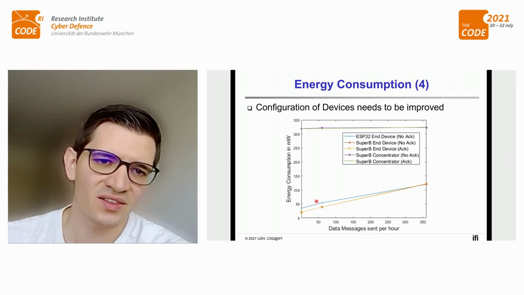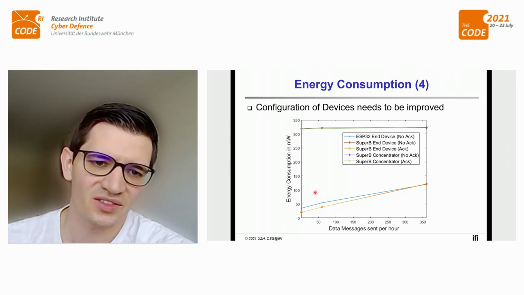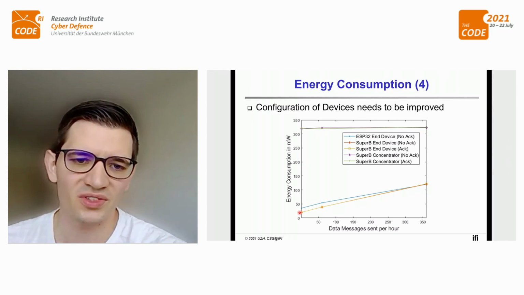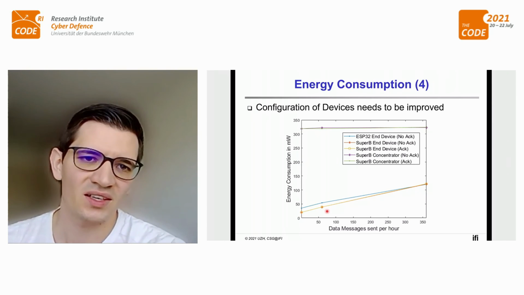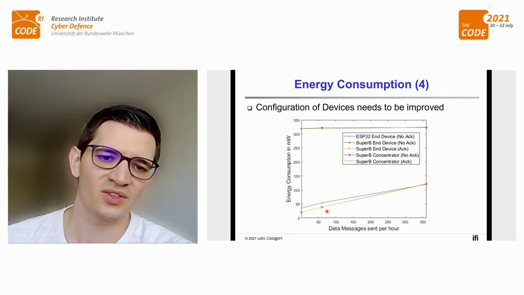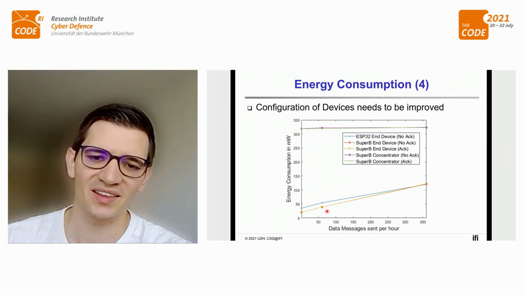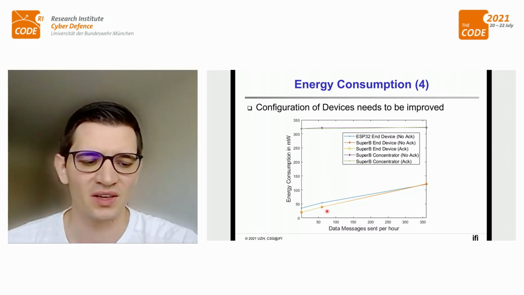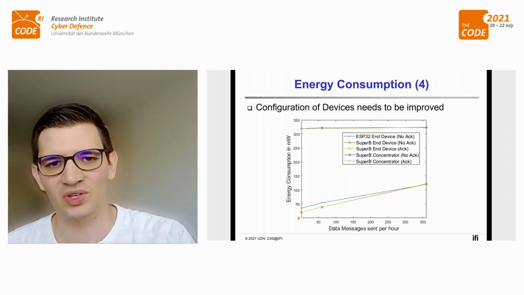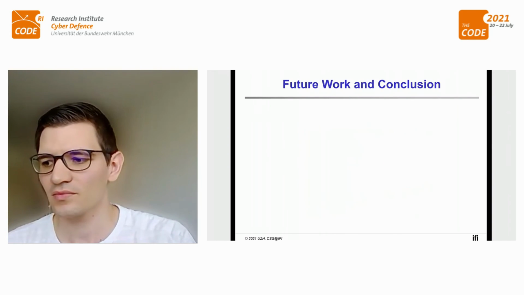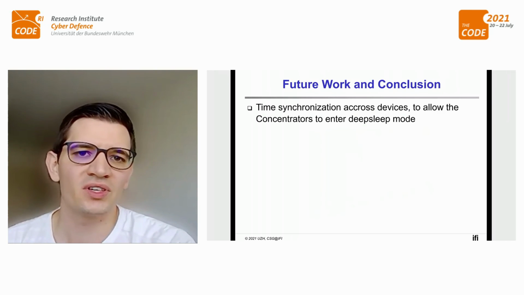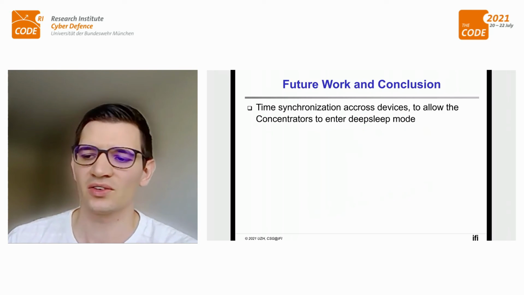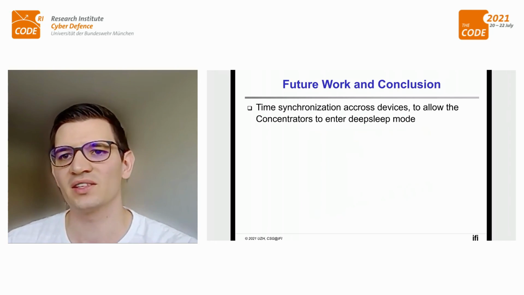Also, we can see that the configuration of the devices should be improved. For example, that the end devices should spend more time in the deep sleep mode, and also the deep sleep mode should be more energy preserving. So in future, a time synchronization across devices could be implemented.